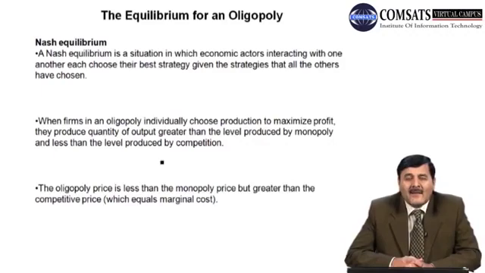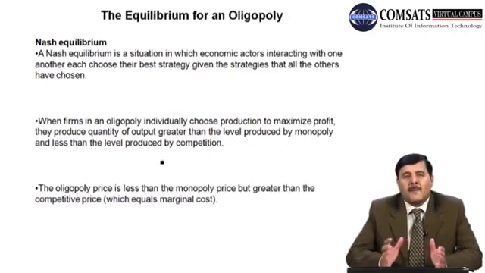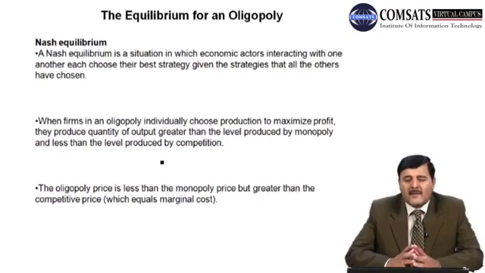equilibrium. A Nash equilibrium is a situation in which economic actors, you can say the firms, interacting with one another, each chooses their best strategy given the strategies that all the others have chosen, right? So if that is the case, that is known as the Nash equilibrium. There are many actors, if we talk about simple duopoly, then there are two actors which are competing with each other.